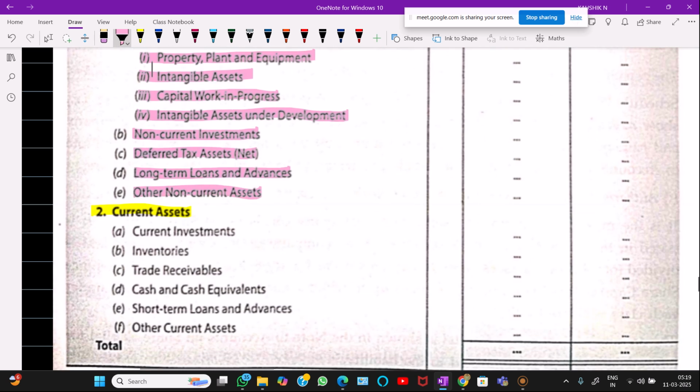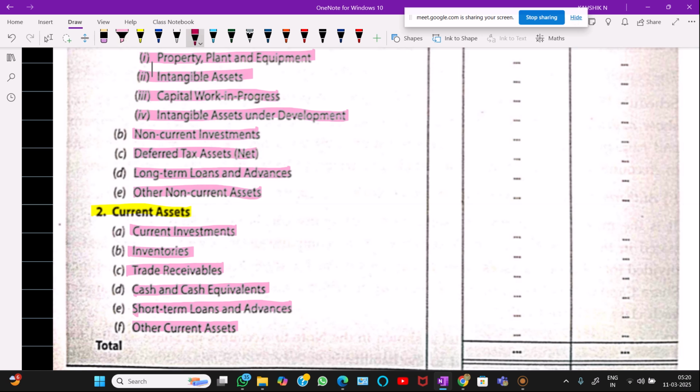All the items I'm going to mark in pink come under what? Subheads. Current investment, inventories, trade receivables, cash and cash equivalent, short-term loans and advances, and other current assets.